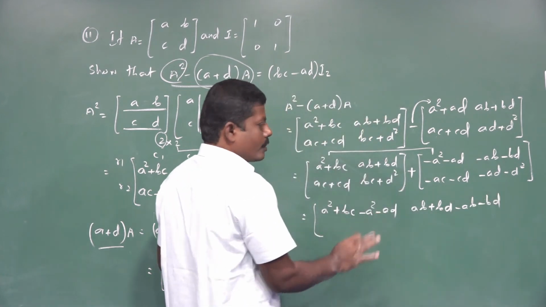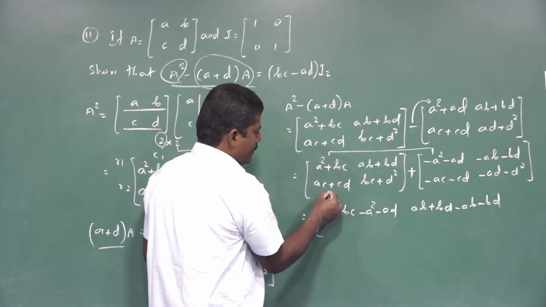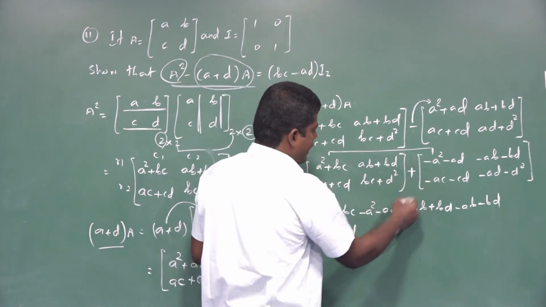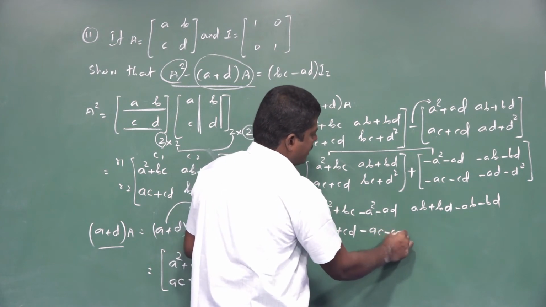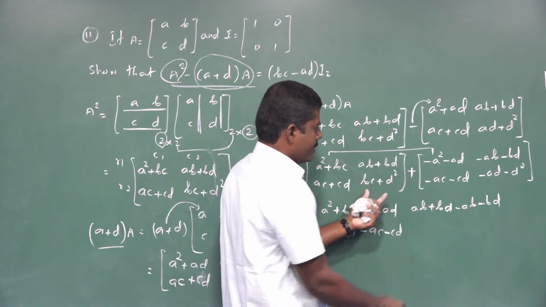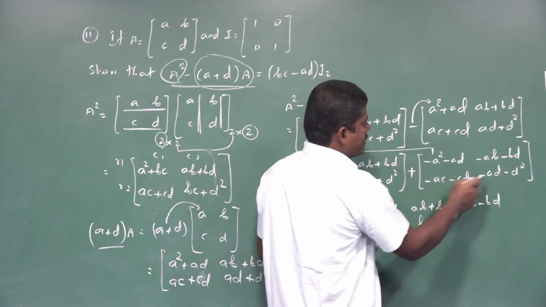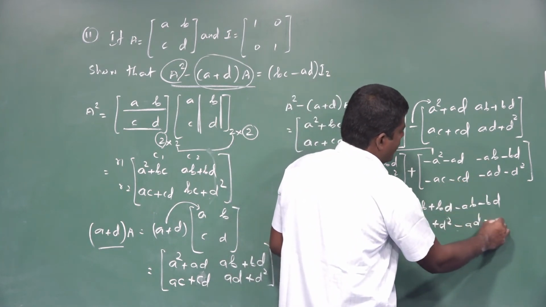In the second row, AC plus CD has minus AC minus CD. Next, BC plus D square has corresponding element minus AD minus D square.